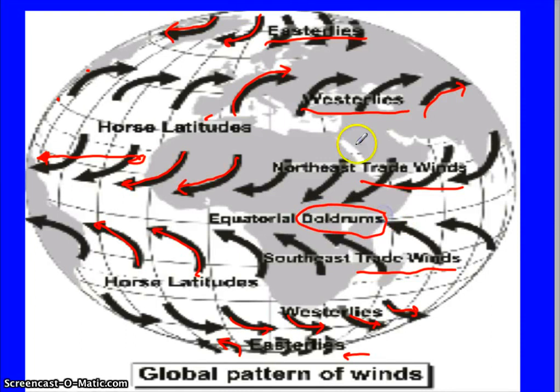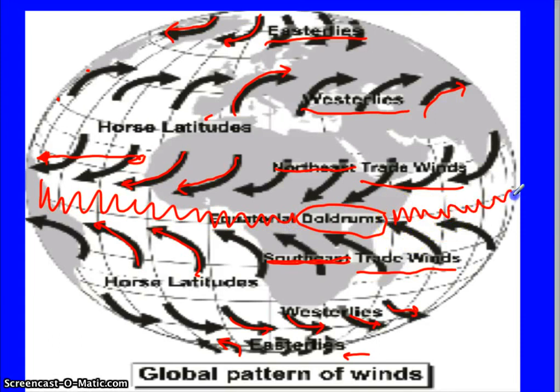Now, something you may have noticed is we have something called the doldrums. With the way you have these three wind patterns, the easterlies, westerlies, and trade winds, you're going to have these areas where you don't have quite as much wind. Here between the trade winds is this area right along the equator. This area right along the equator is called the doldrums.